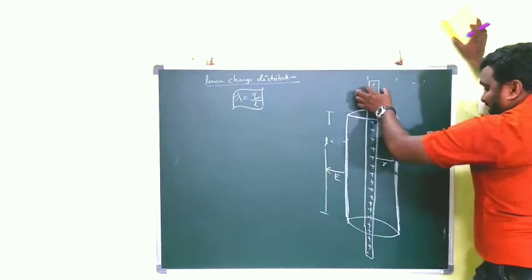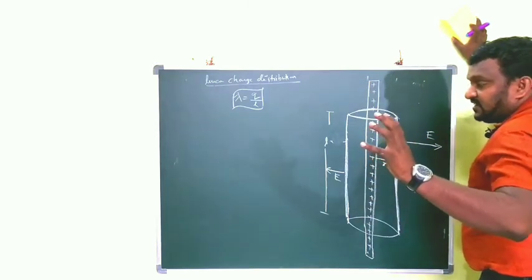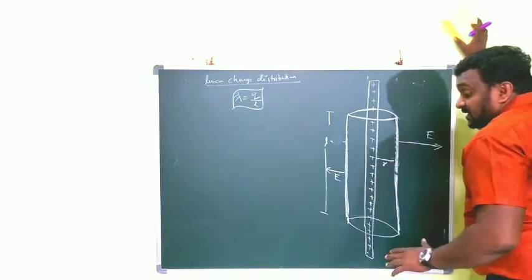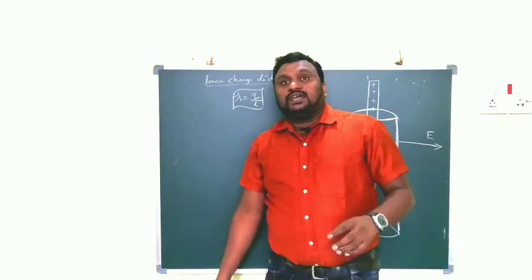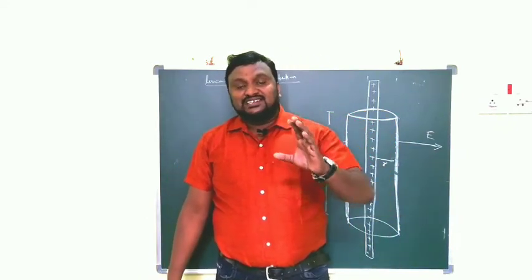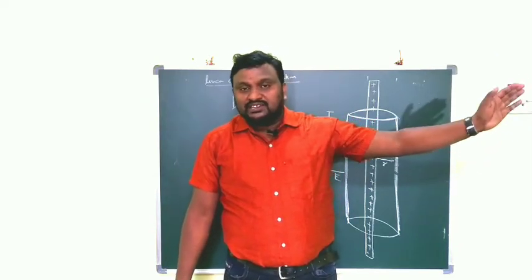This is a long straight current carrying conductor. To explain the electric field intensity for this conductor, we have to take some assumptions. The first is that the electric field intensity is radially outwards, because the conductor is very long.